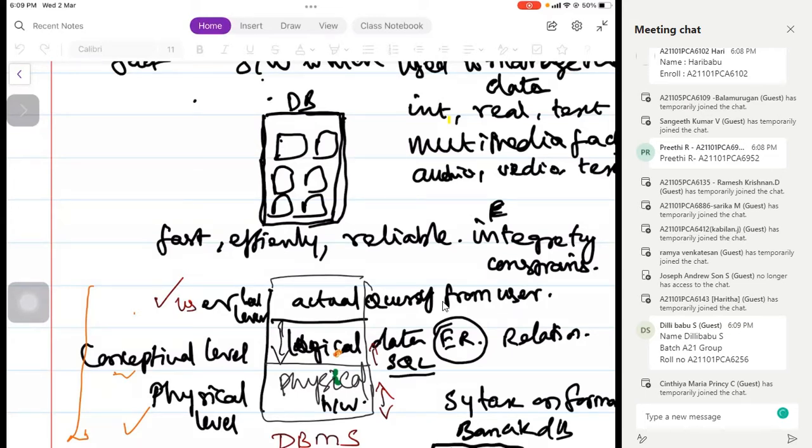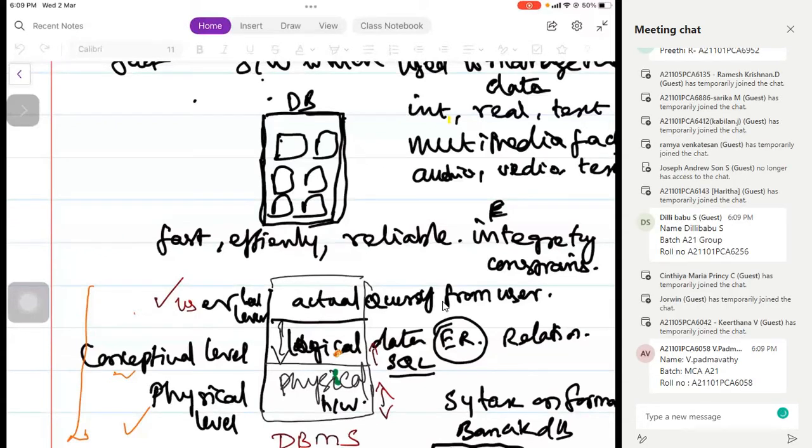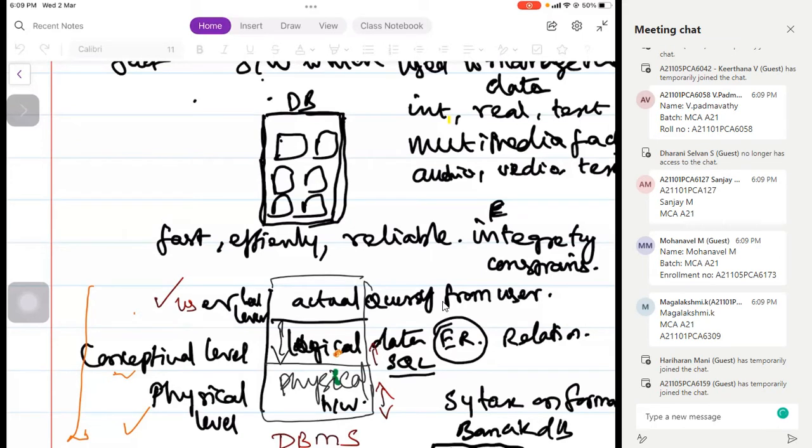Without an interface, we couldn't communicate. For example, operating systems are used as an interface between the user and the computer, isn't it? Like that, the logical level or conceptual level is the software level.